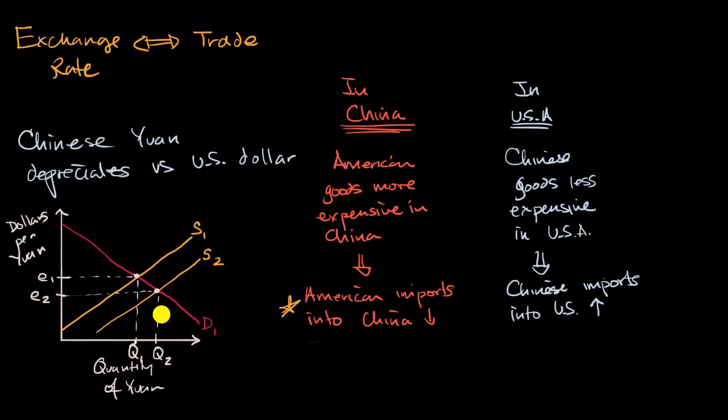Now, in previous videos, we've talked about many factors that could shift the supply or demand curve for a currency to the right or the left. But it would be interesting to think about what would be the effects of interest rate changes in each country. And now we can link it not just to what would happen to the supply and demand curve, but we could think about how that might affect trade.